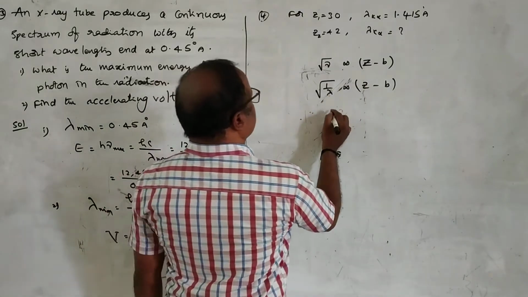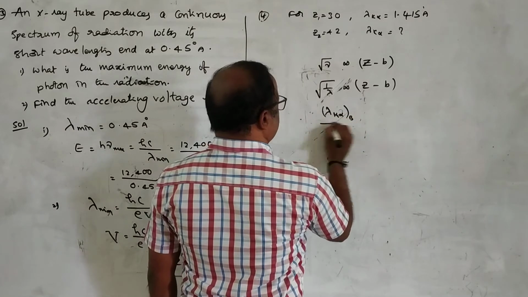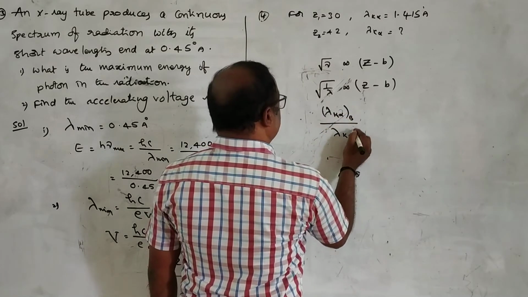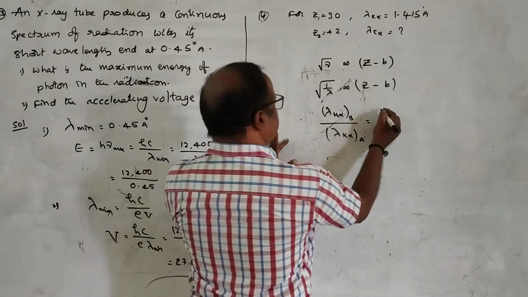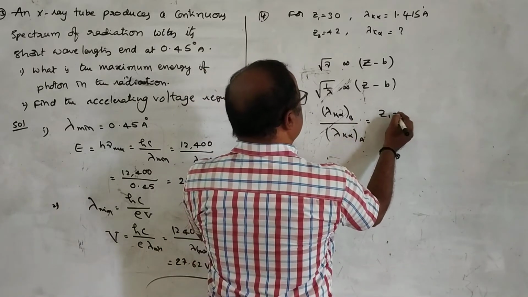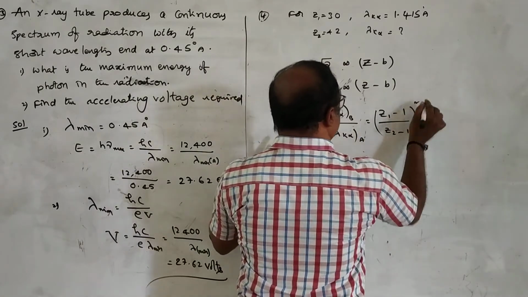Again here, lambda K alpha for B by lambda K alpha for A is equal to the reverse, that means Z1 minus 1 by Z2 minus 1, whole square.